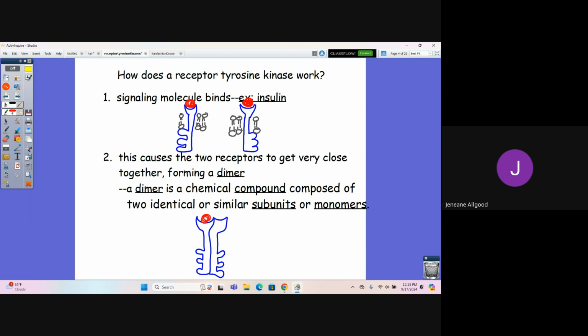So there's my insulin that bound to that receptor. There's my insulin that bound to that receptor. This thing that I have made here is a dimer. And so I'm not going to draw in a ton of phospholipids, but I'll just draw in a few so that you can see where those are located.